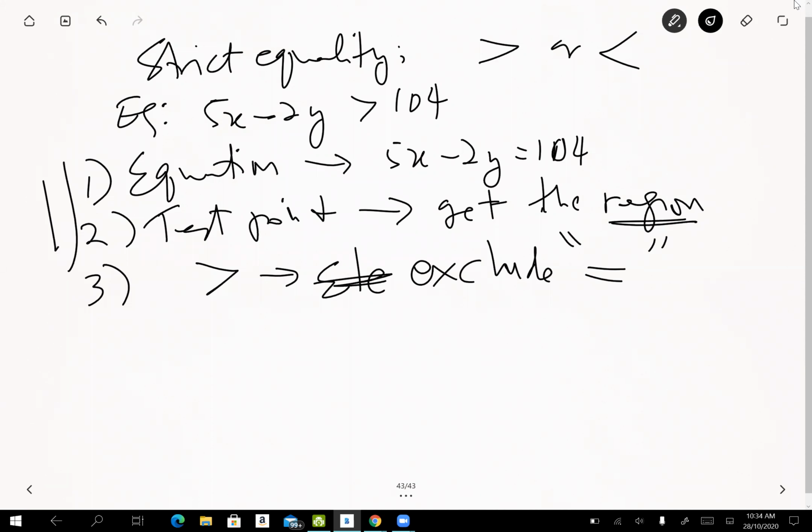The points on the line of the equation. So that will exclude the equal to, that means the equation. That means we'll exclude the points on the line. The equation doesn't hold, because you don't have the equal sign. You have only bigger.